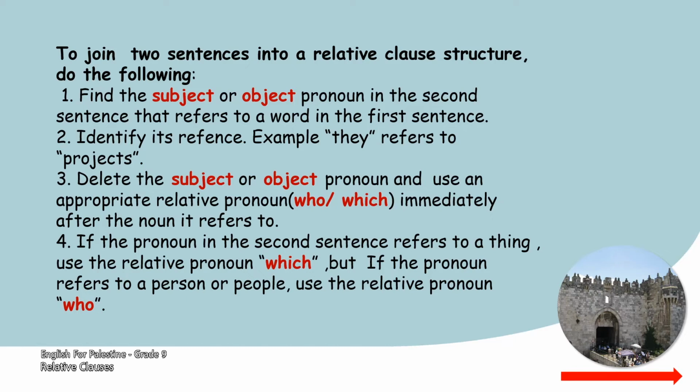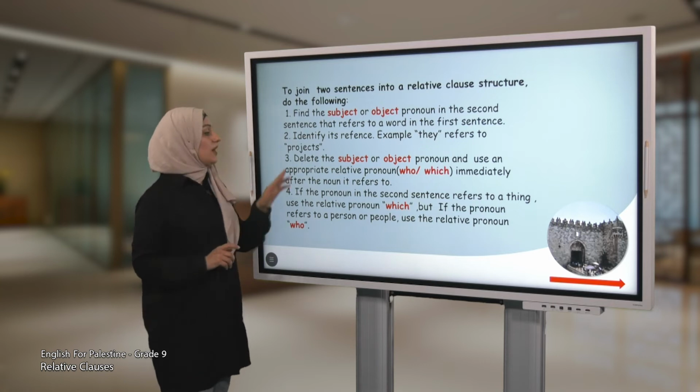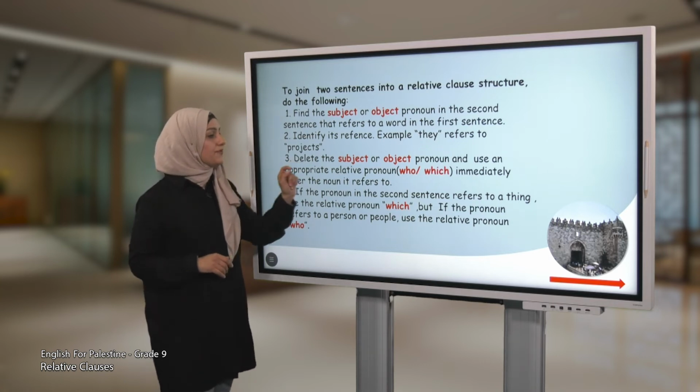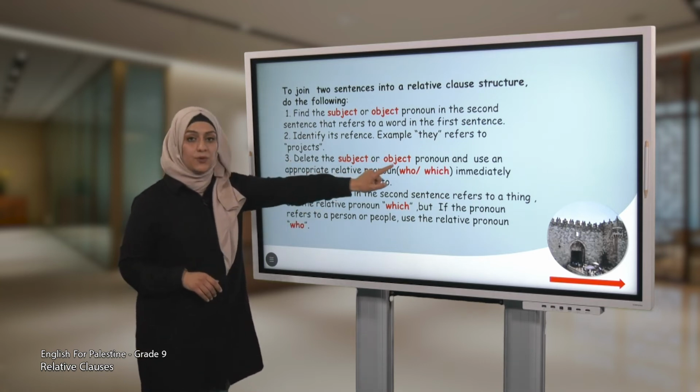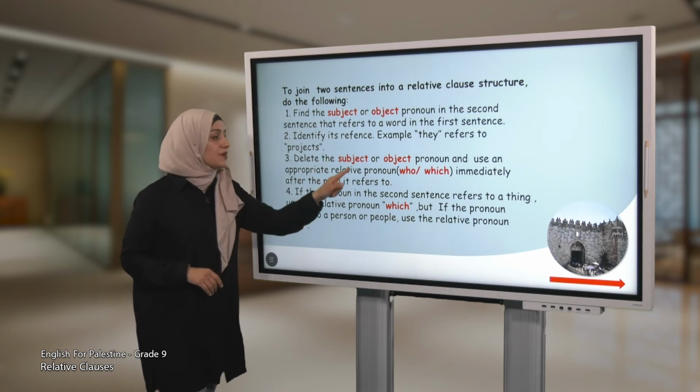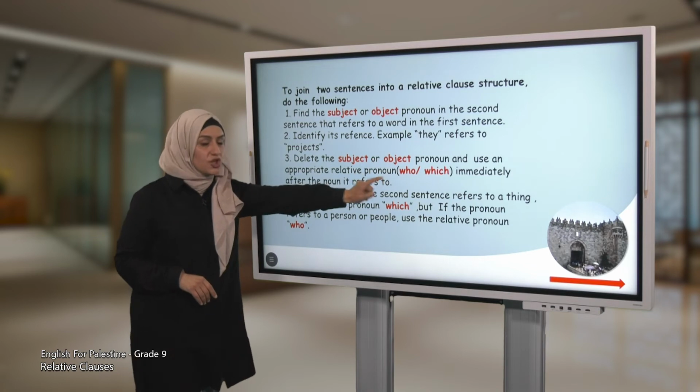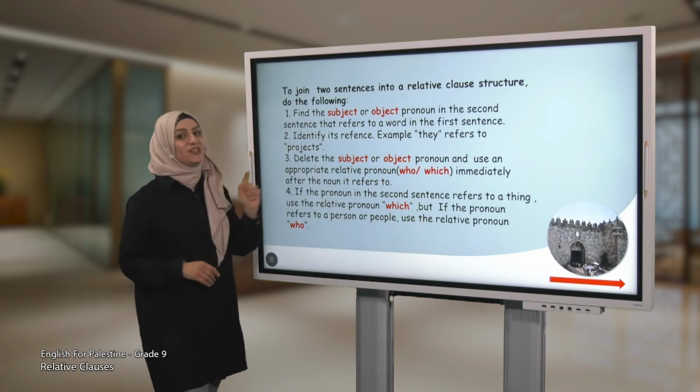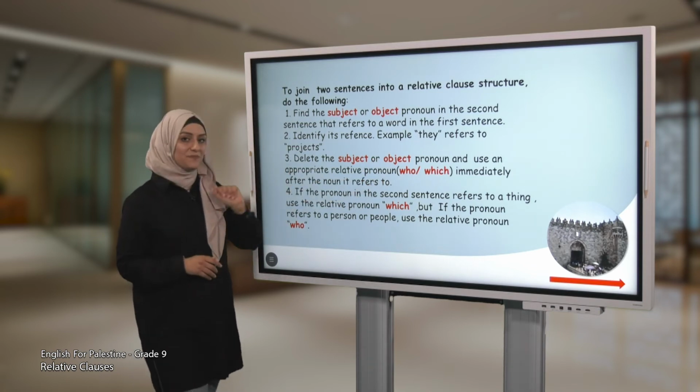"Them" refers to, do you remember? To children. Excellent. The third step is that you have to delete or remove the subject or object pronoun and use an appropriate relative pronoun, "who" or "which", immediately after the noun it refers to.